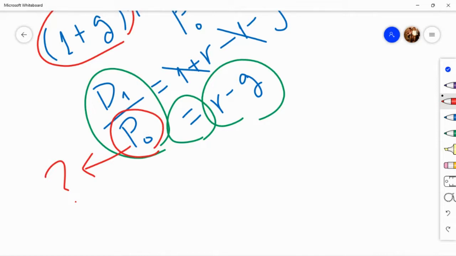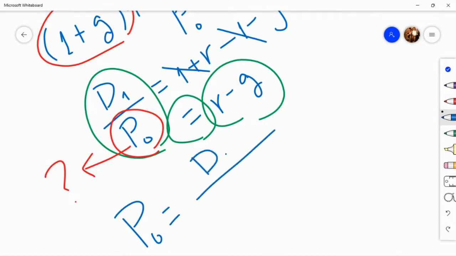So if we solve this for P0, you divided D1 by P0 and you got R minus G, then P0 will be dividend at time 1 over R minus G. Isn't that right?